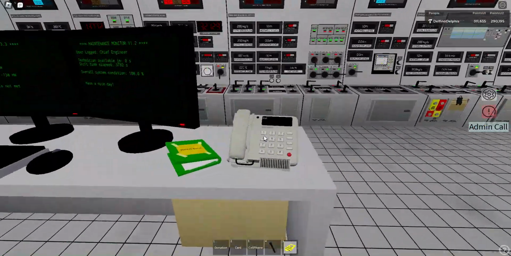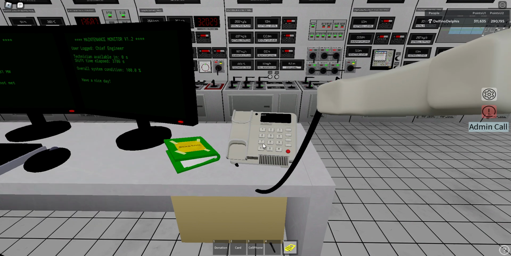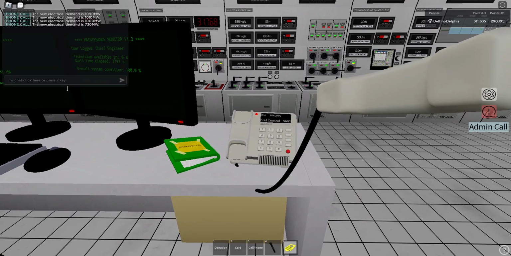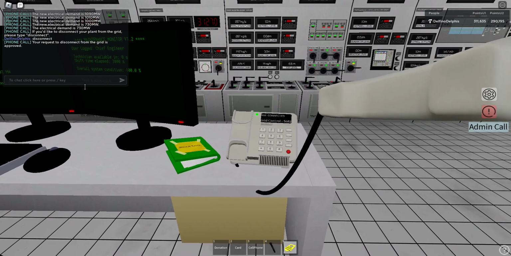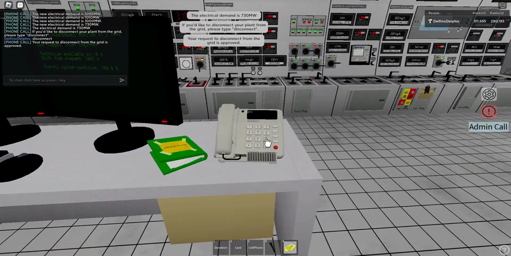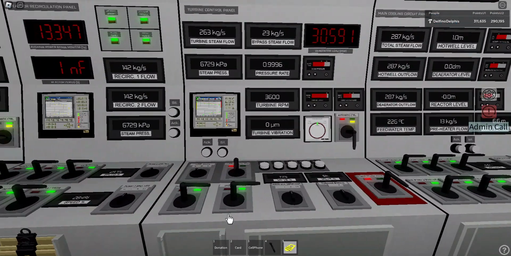So now, before I do it, I should actually tell the grid control, so they are not angry. Okay, it's approved. And what I do now is I just desync.